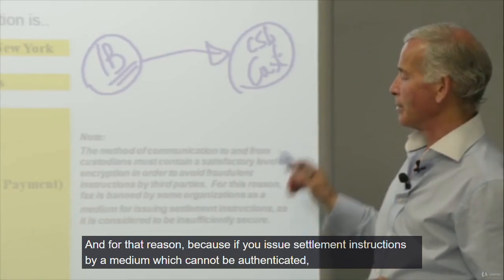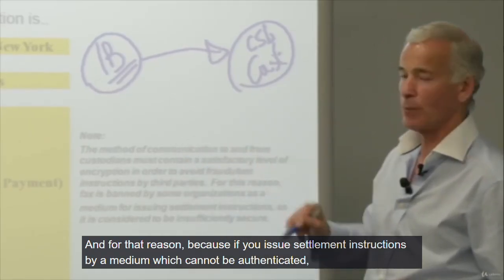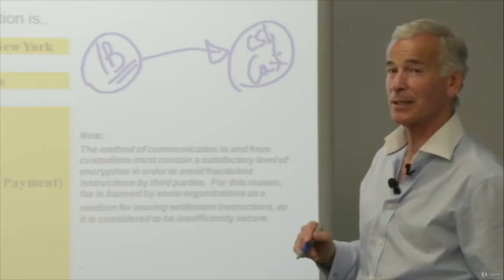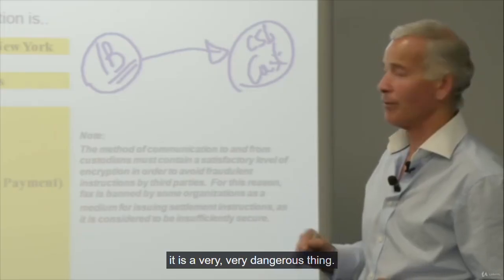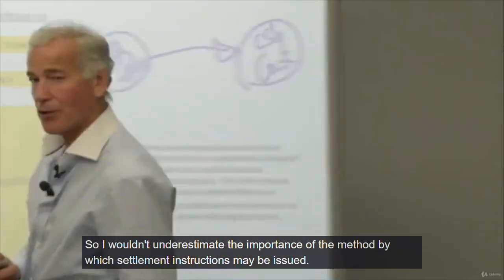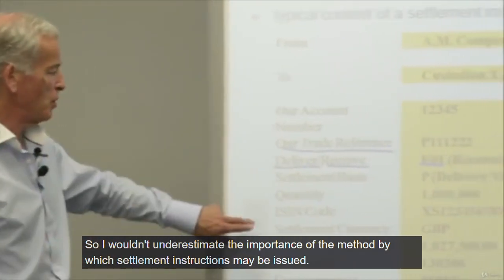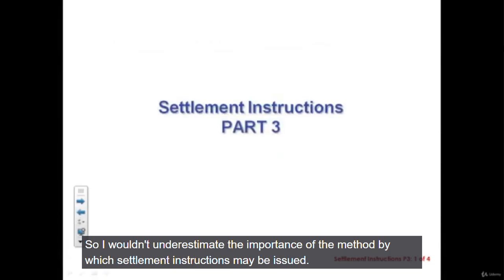Because if you issue settlement instructions by a medium which cannot be authenticated, it is a very, very dangerous thing. So I wouldn't underestimate the importance of the method by which settlement instructions may be issued.